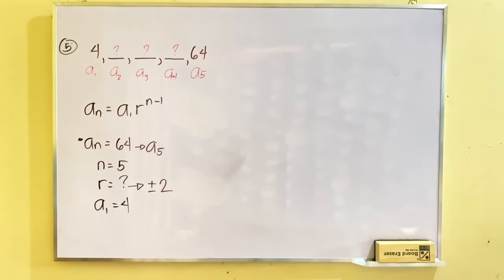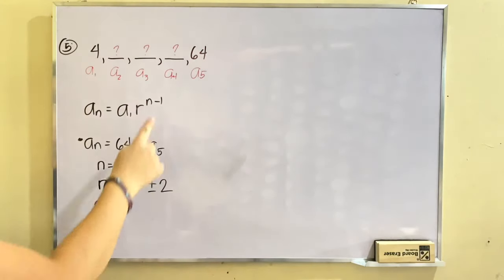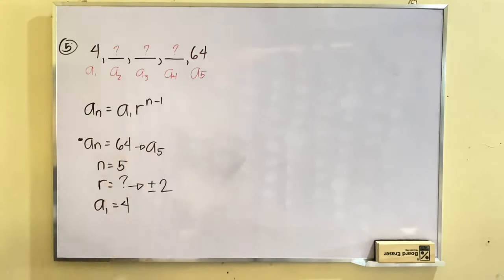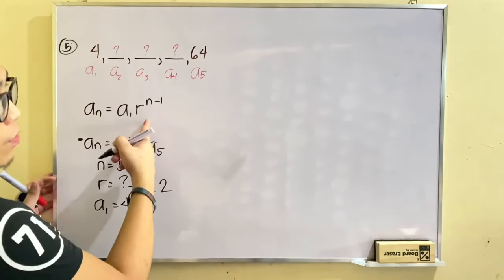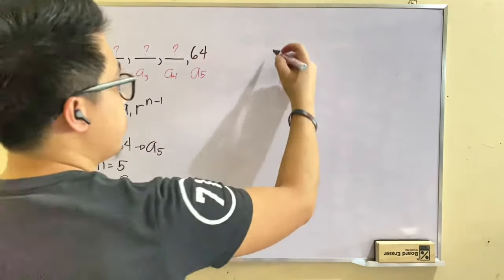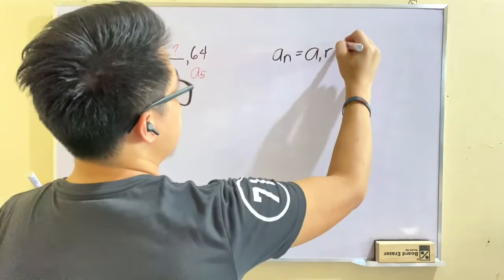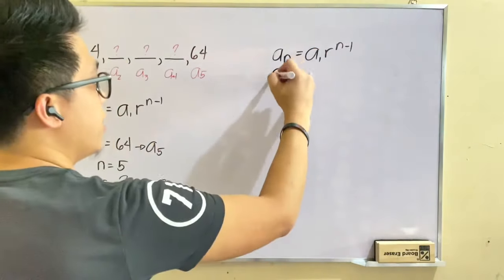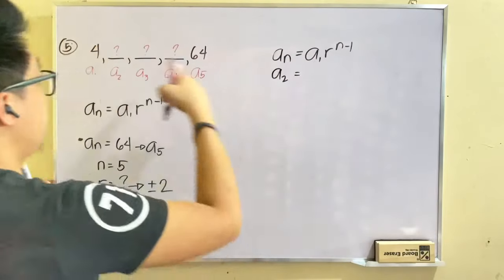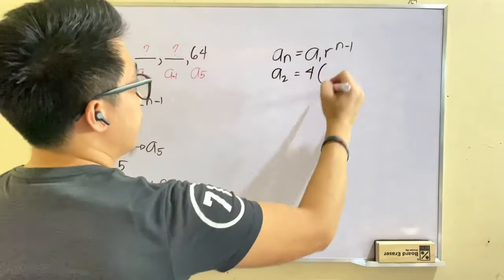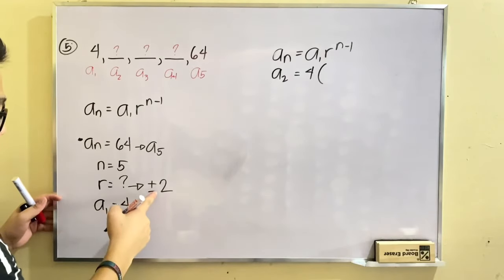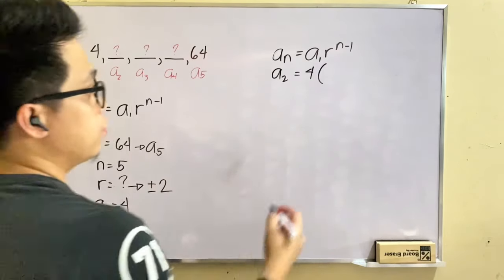Okay, so after natin makuha yung common ratio, maaari na natin makuha si a sub 2, a sub 3, and a sub 4. Gagamitin natin of course yung formula ni geometric sequence: a sub n is equals to a sub 1 r raised to n minus 1. Ang hinahanap a sub 2. So a sub 1 is 4 times ratio, which is positive or negative 2.